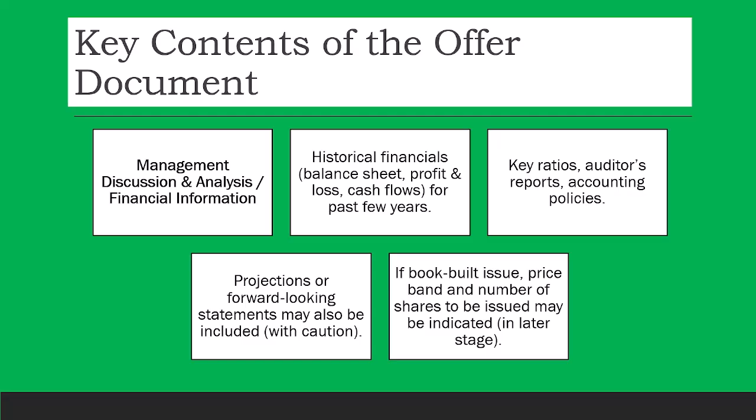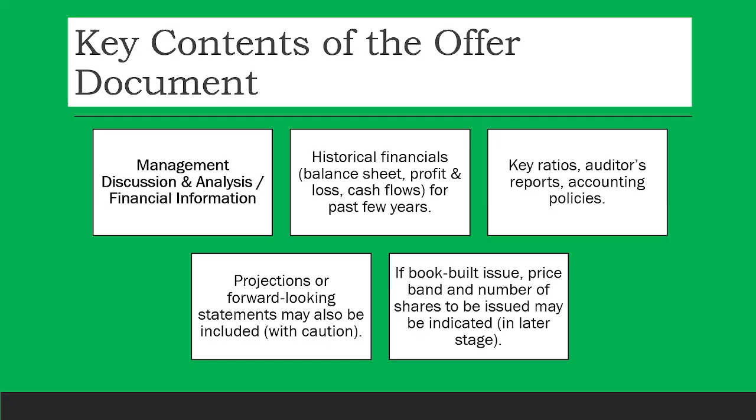Key contents of the offer document: management discussion and analysis or financial information, historical financials, balance sheet, profit and loss, cash flows for the past few years, key ratios, auditors' reports, accounting policies. Projections or forward-looking statements may also be included with caution. If book build issue, price band and number of shares to be issued may be indicated at a later stage.